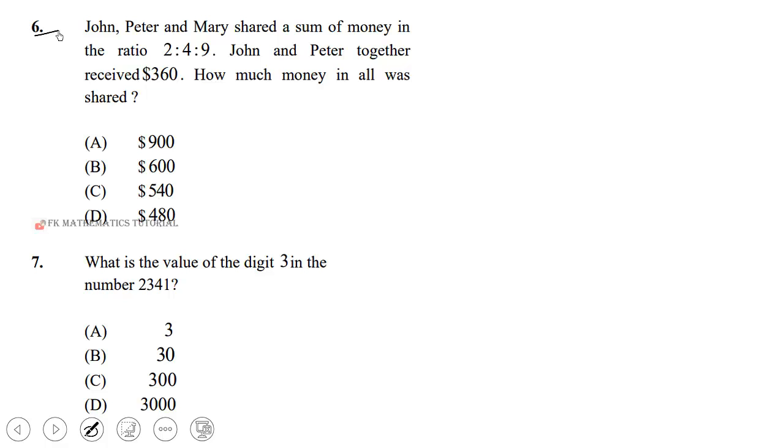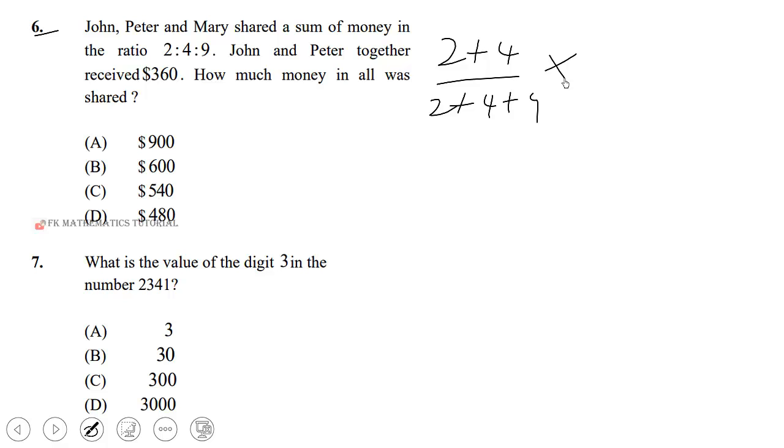John, Peter, and Mary shared a sum of money in the ratio 2:4:9. John and Peter together received $360. How much money in all was shared? So John and Peter, their ratio will be 2 plus 4. So the total ratio will be 2 plus 4 plus 9.